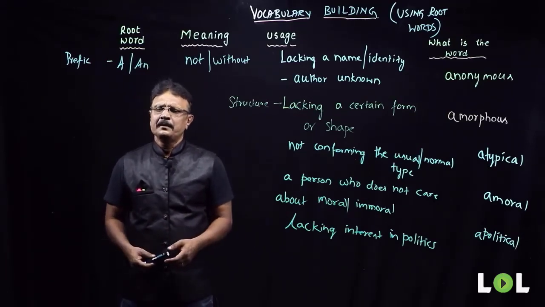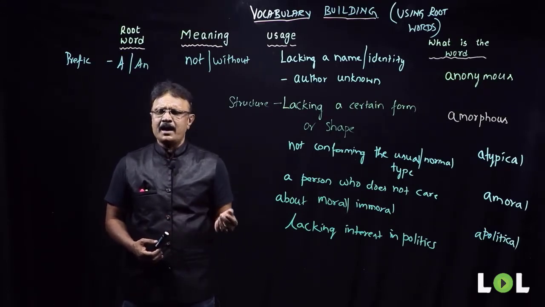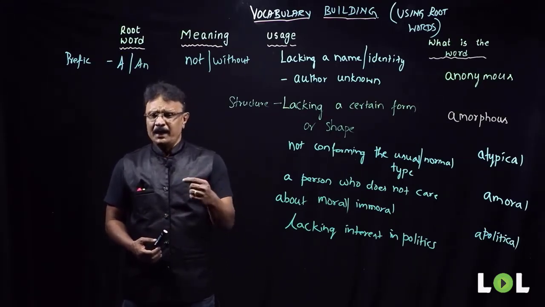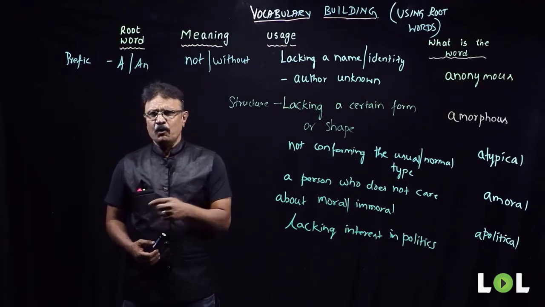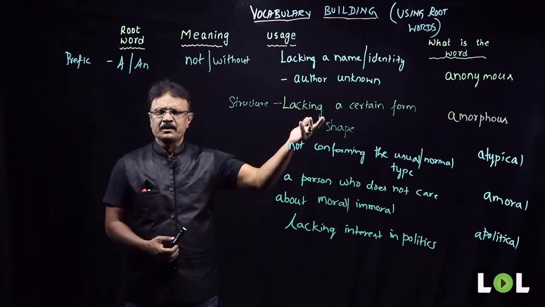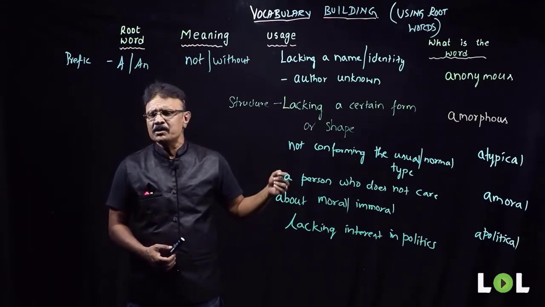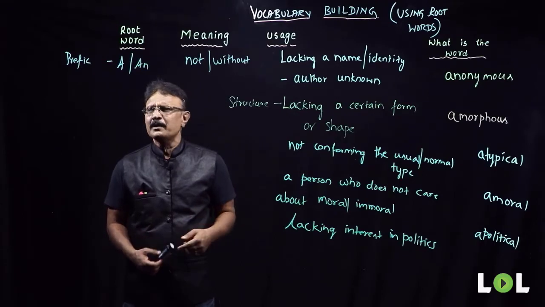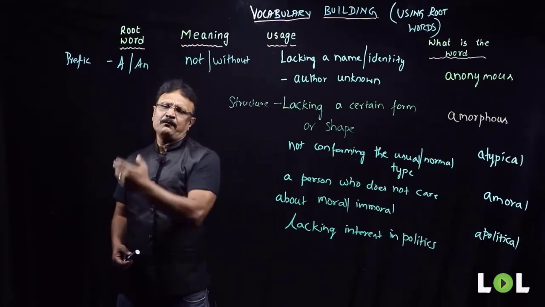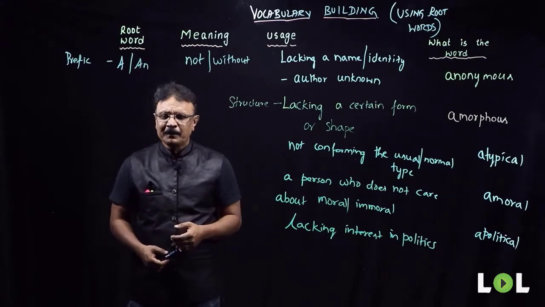Clear on this? That's how root words can guide you to add to the collection of words. Now you've got close to 10 words that we've discussed so far deposited into your vocabulary bank just by using a prefix like a or an, which means not or without.